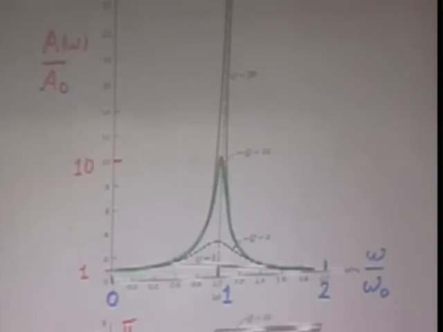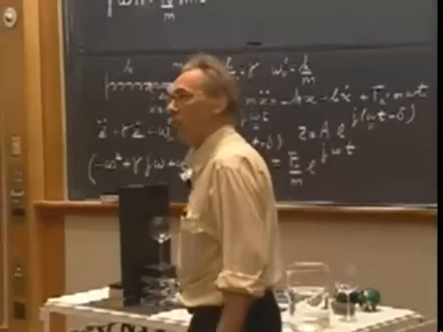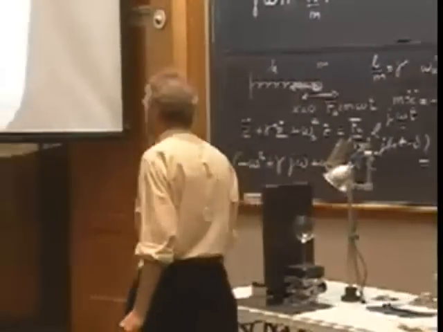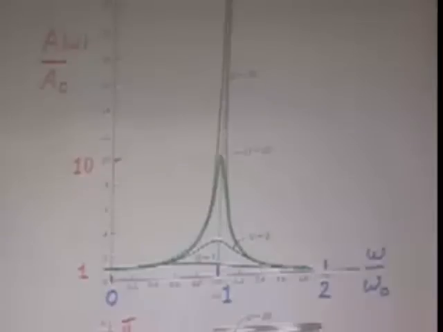If you look at the one that has a mark Q equals 3, which is this one, if you look very carefully, you may see that the maximum A is shifted slightly below the value 1, which is omega is omega 0. But even for Q equals 3, the difference is insignificantly small.